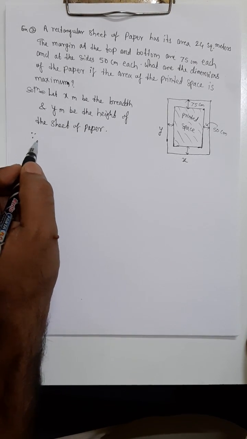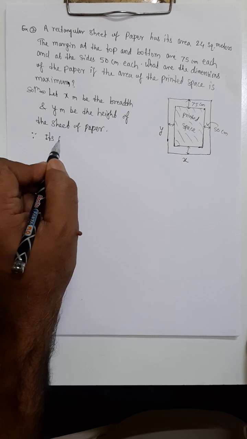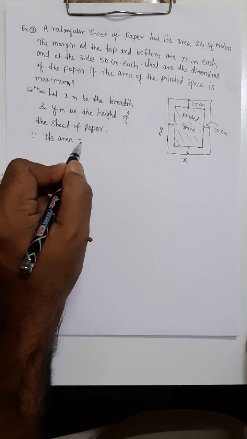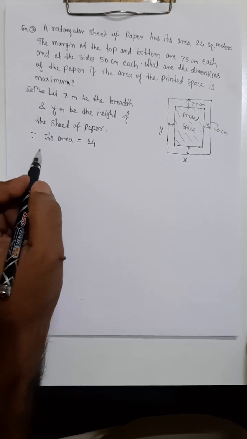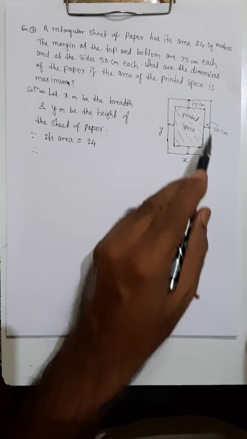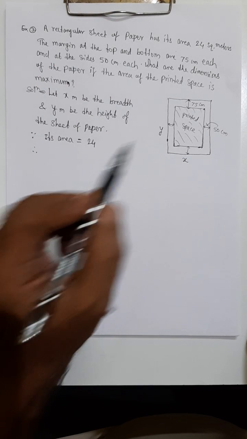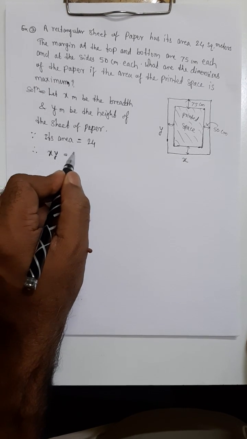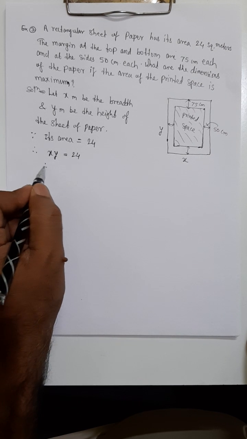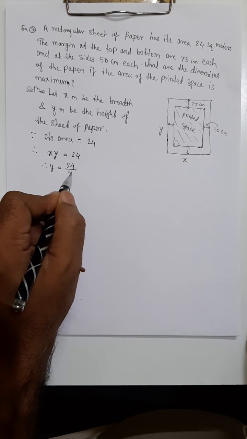Since its area is given as 24 meters square, and we know the area of a rectangular sheet is length into breadth, x into y equal to 24, and from this we can find y, that is 24 divided by x.